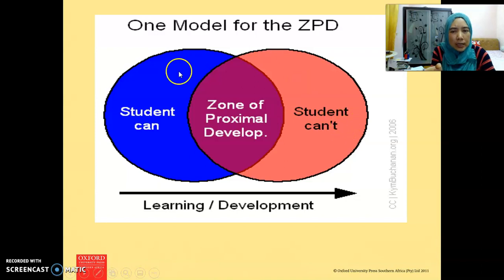So the difference between ability and undeveloped capacity is that it can be developed if given the learning opportunity. Maybe if the student focuses, if they have the opportunity, they could understand. So the zone of proximal development is the zone where the capacity of students that is undeveloped can be improved through learning opportunity.